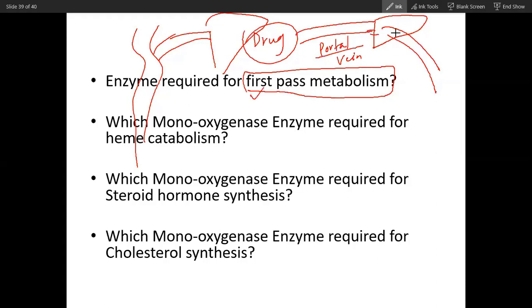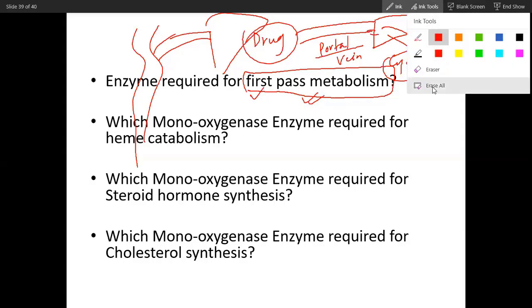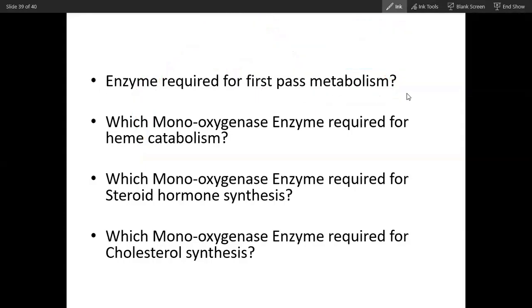The liver is a pass for the drug. So the first drug metabolism will happen here. This is called first pass metabolism. And here cytochrome 450 is the enzyme that will metabolize this drug. So that is why the enzyme required for first pass metabolism is cytochrome 450.